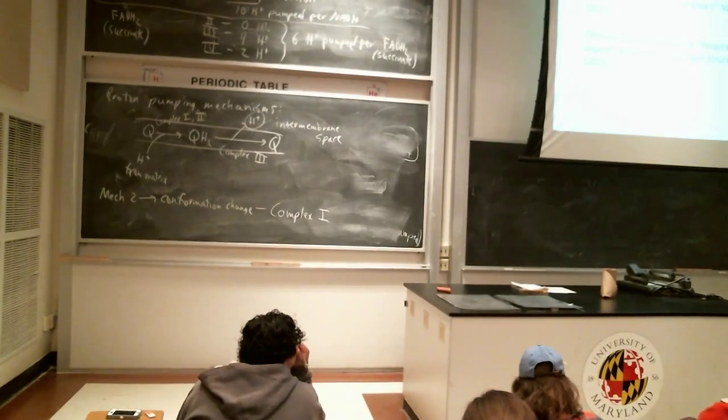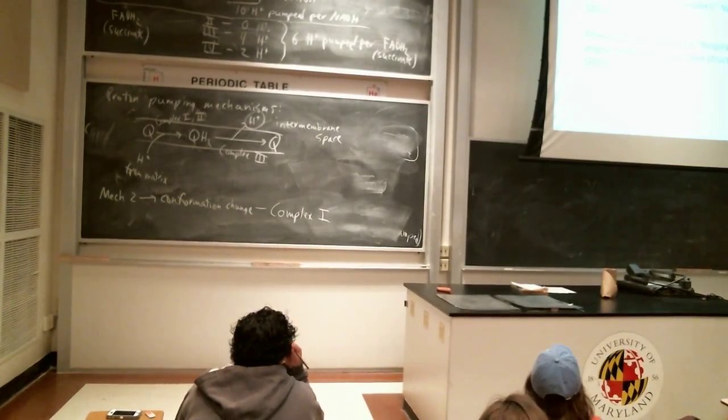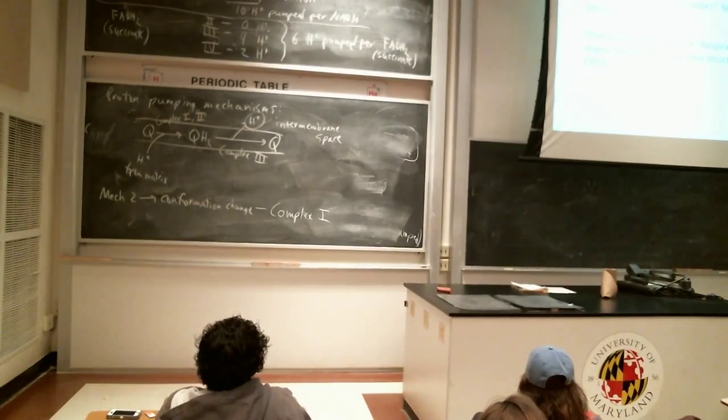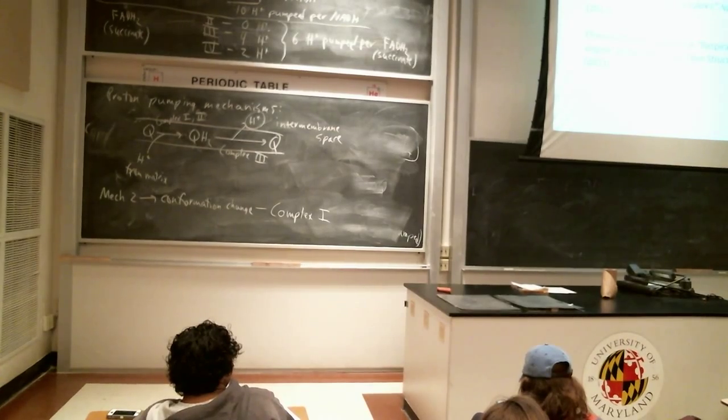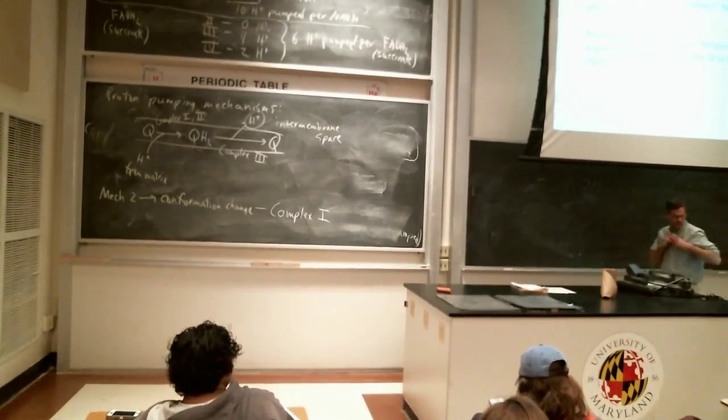I'm going to show some structures that came from this article, which is now several years old, but in this article they actually proposed the mechanism. They determined the structure of part of complex 1, and based on that structure, they proposed the mechanism.